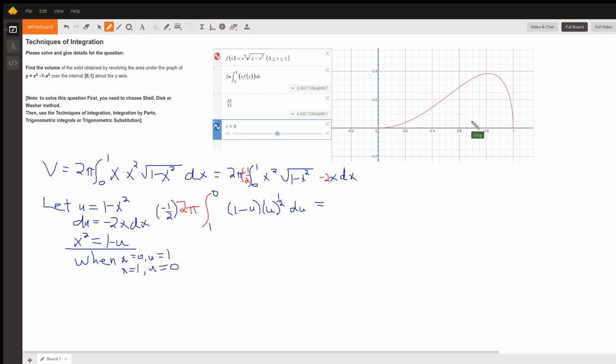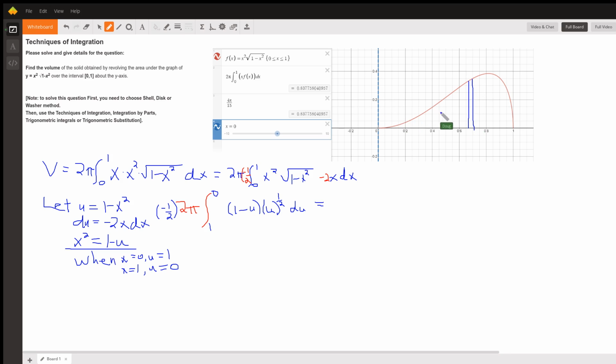But the volume, if we revolve this region about the y-axis, which is this dotted blue line, is probably best achieved by using cylindrical shells. And in that case, the typical shell or rectangle is parallel to the axis of revolution.